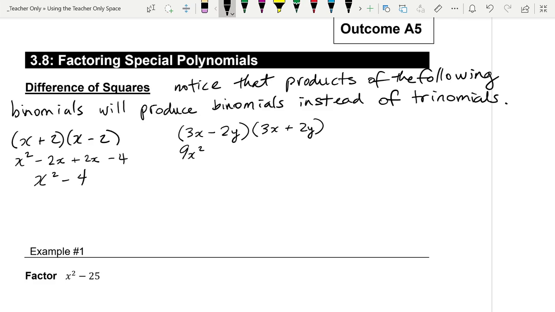Outside times outside is 6xy. Let me know if I'm going too fast. Inside times inside is minus 6xy. And what's last times last? Minus 2 times 2 times y, 4y squared. And hey, looky. What happens to those two things? 0.